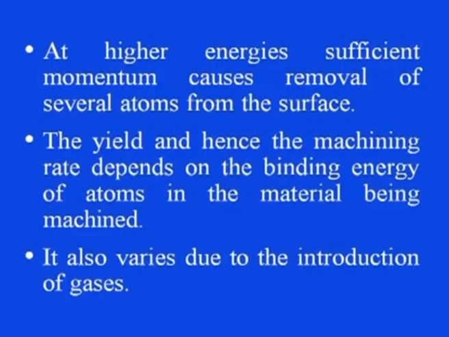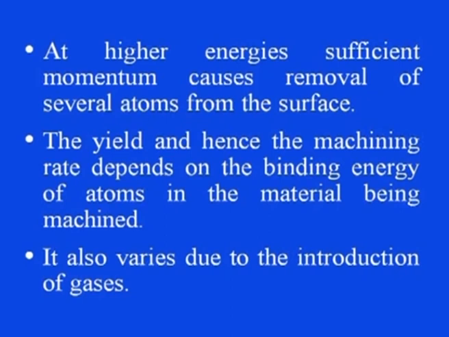Energies greater than the binding energy of 5 to 10 electron volt are needed to effect the removal of atoms. At higher energies, sufficient momentum causes removal of several atoms from the surface. The yield and hence the machining rate depends on the binding energy of atoms in the material being machined.